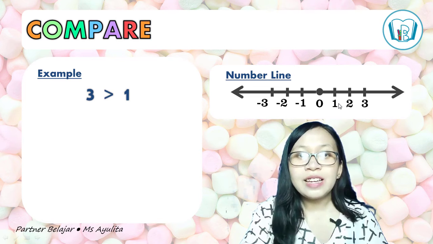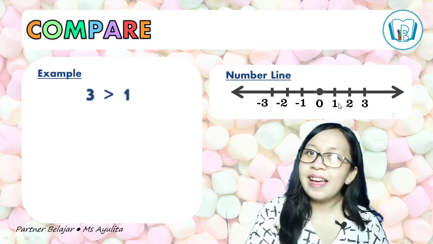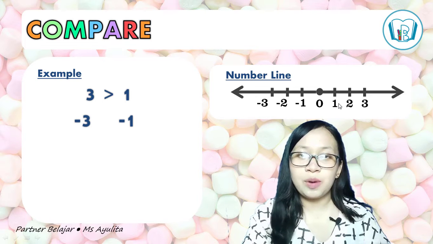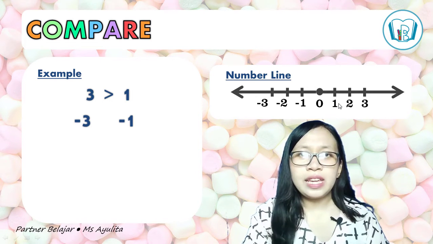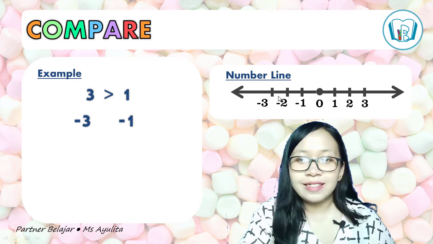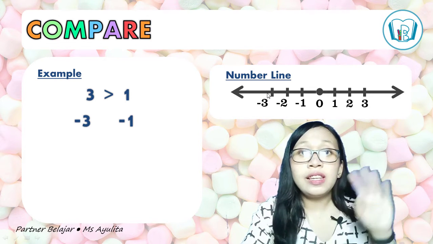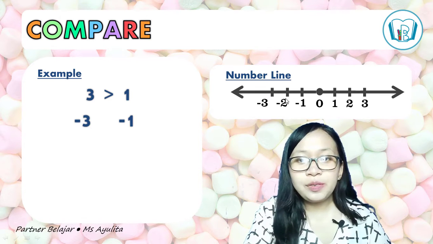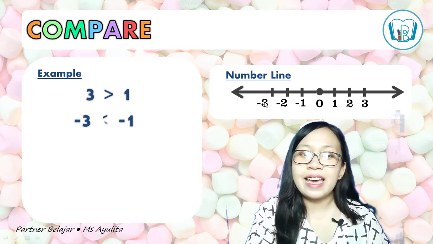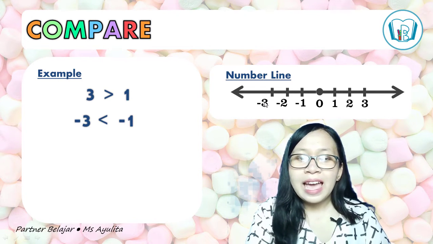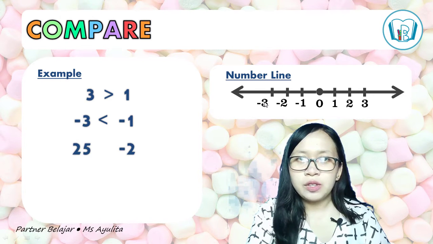So it means 3 is bigger than 1. Good job. Now let's see with this one. Negative 3 and negative 1. So the position of negative 3 is on the left side. So what does that mean? Yup, negative 3 is less than negative 1. Good job.